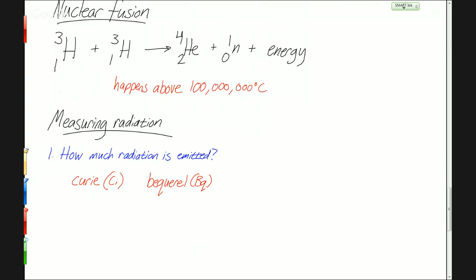Those are units of radiation. So that's how many particles are coming off of a radioactive substance in a given amount of time, usually. Like one alpha particle per second or something like that might be one of these.